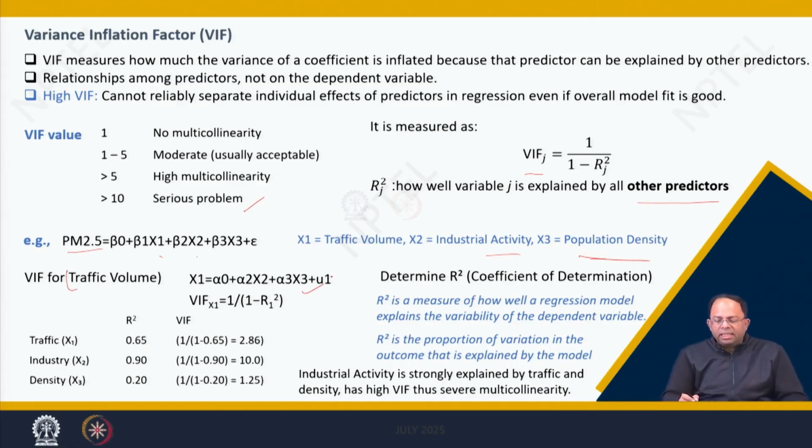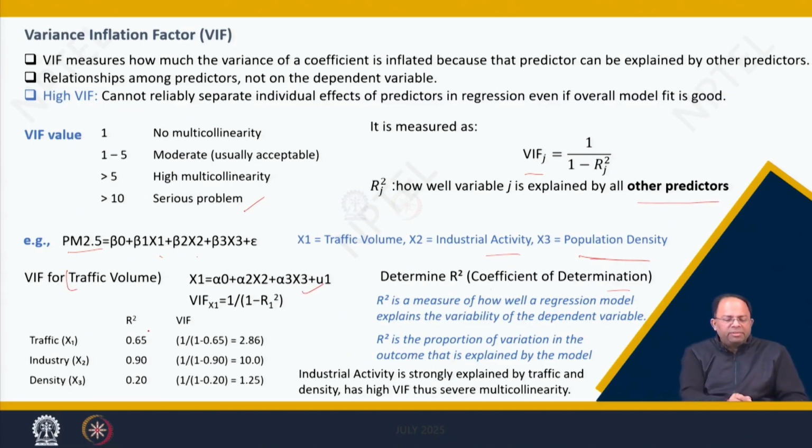The R square, or coefficient of determination, is a measure of how well the regression model explains the variability of the dependent variable. It measures the proportion of variance that is being explained by a particular model. So that is an indicator of how strong the model is in the first place.